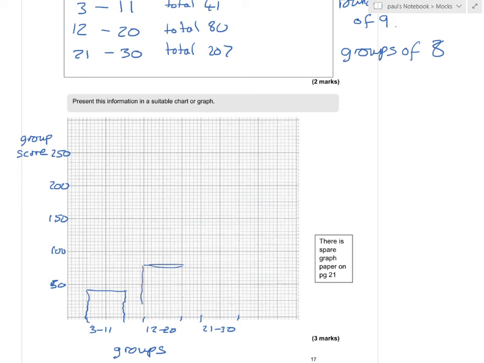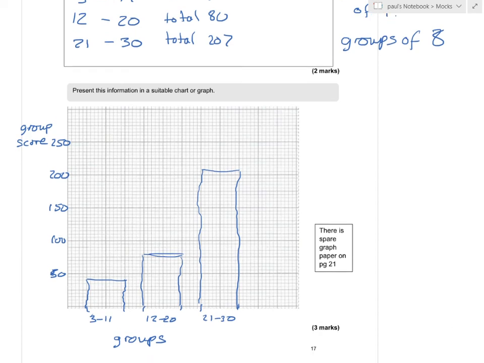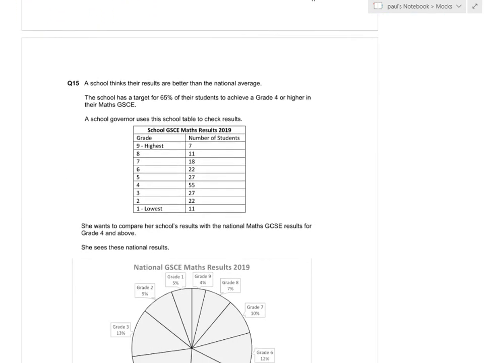Whoops. And group 3 had 207. So 207 is about there. Not very good at doing vertical lines on this tablet. So there's the groups and there's their total score. Didn't like that one. Right.